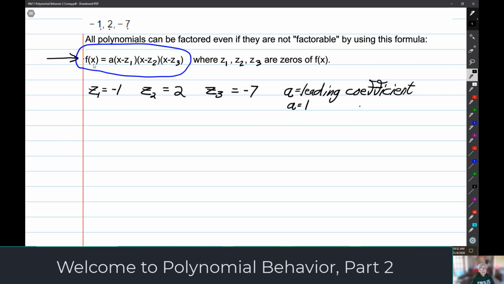Now I'm going to use the factor formula to put this together so that I can find the polynomial that these three zeros build.